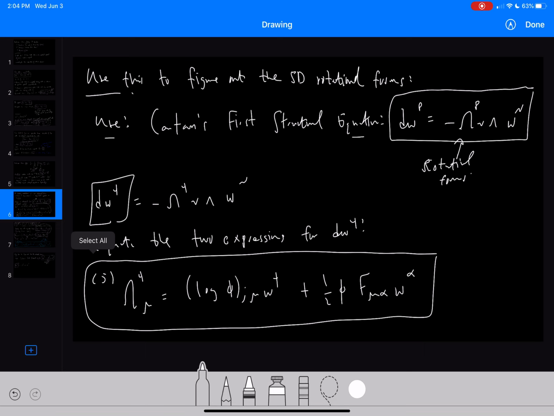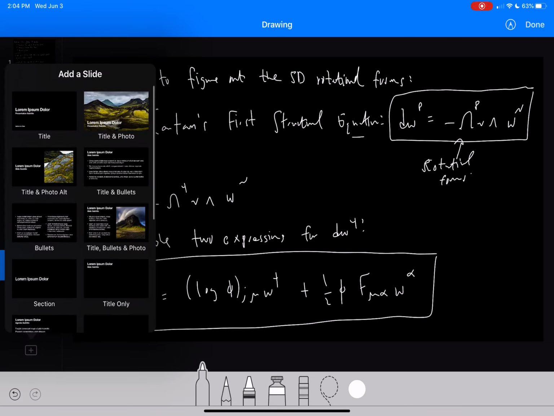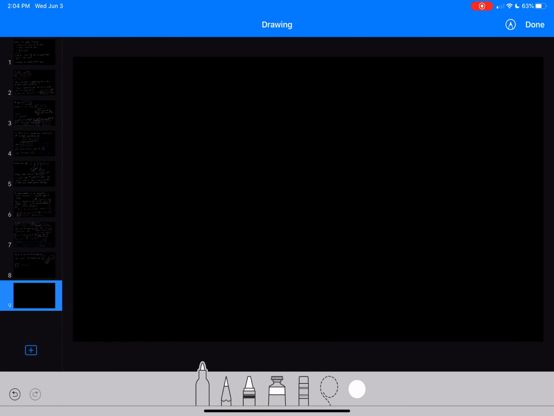Okay, so in some sense then we can rewrite Cartan's first structural equation as a 5-dimensional version. So let's do that. Given the 5D version of Cartan's first structural equation, I can write that as dW^mu, let's say, is equal to minus.